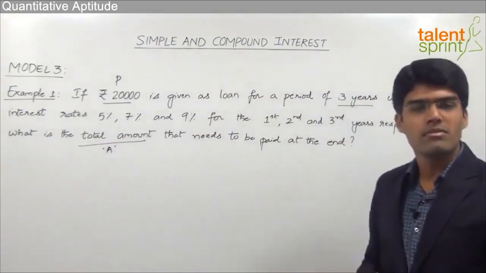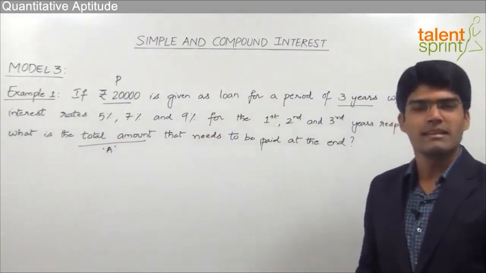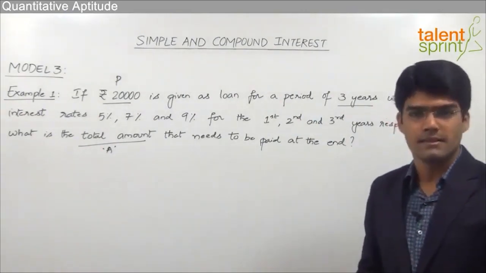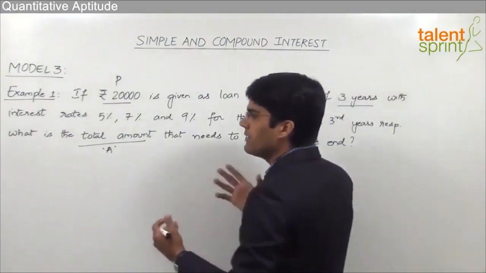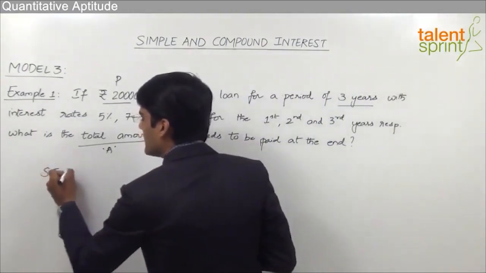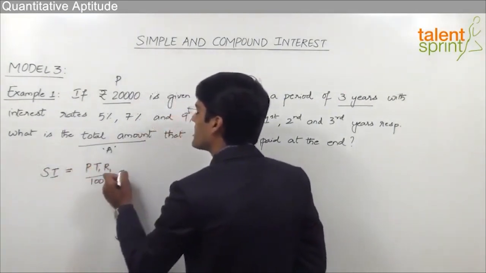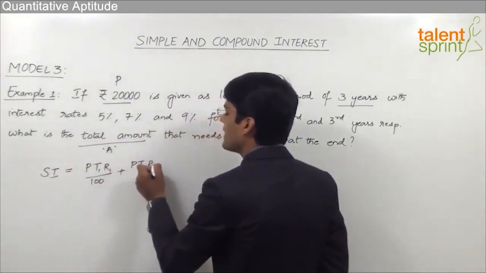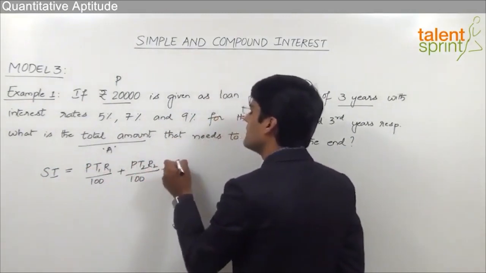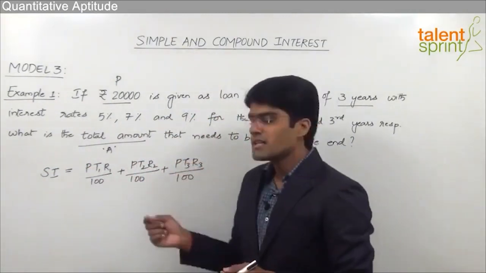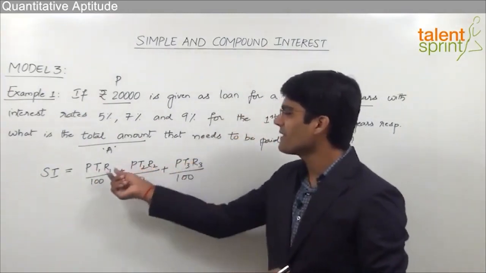We know that total amount is nothing but the principal amount plus the interest amount. So principal is 20,000. We need to find out the interest here. Now going by the formula, the simple interest here can be calculated as P T1 R1 by 100 plus P T2 R2 by 100 plus P T3 R3 by 100. The point here is, for different time periods, the rates of interest are changing.